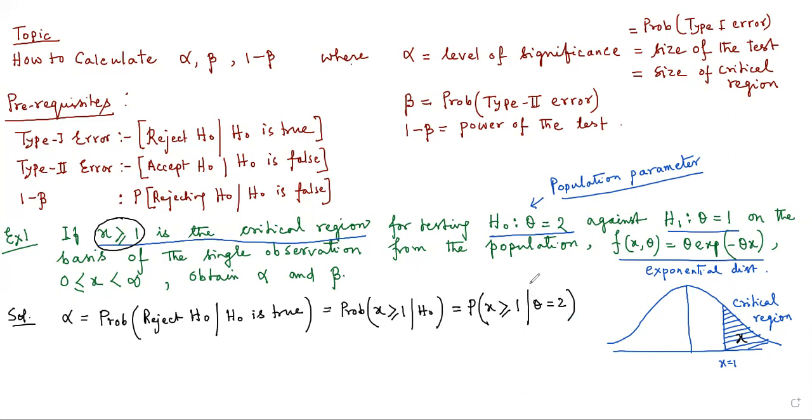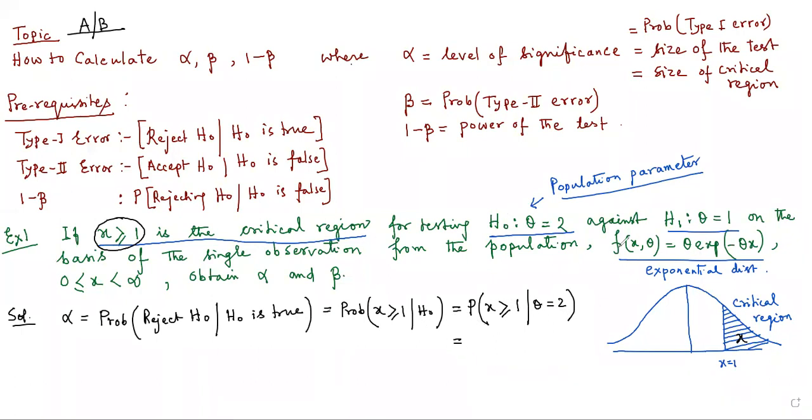Do not think that this slash denotes conditional probability, as generally when we write A given B. Actually, this slash is the one we use in writing sets. It means given that, under the condition that theta equals 2, we are considering the critical region. We are going to find the probability.